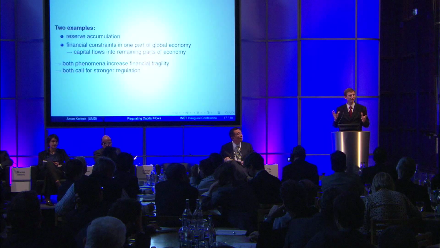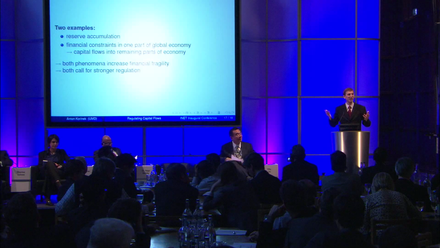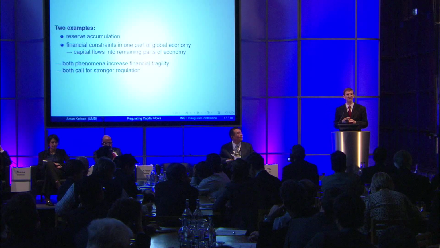And the second, and I think somewhat underemphasized reason, is that financial constraints in a large part of the economy, basically all Western countries, are very tight, and the capacity of agents across the Western economies to take on more debt is severely limited, except maybe for some of the governments. Now, that means the capital has to go somewhere else.